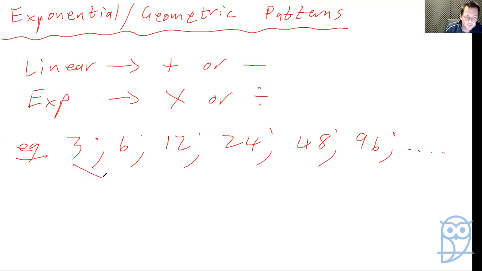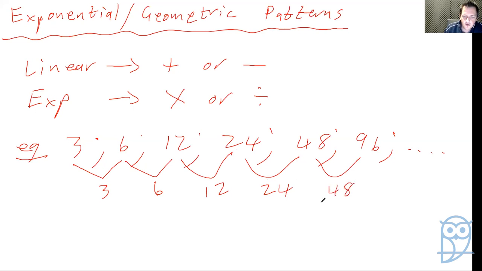So we have a look at the differences. So the difference is 3, it is 6, it is 12, it is 24, it is 48. So it actually forms the same pattern again. Now, this will only happen if I am multiplying by 2 every time.